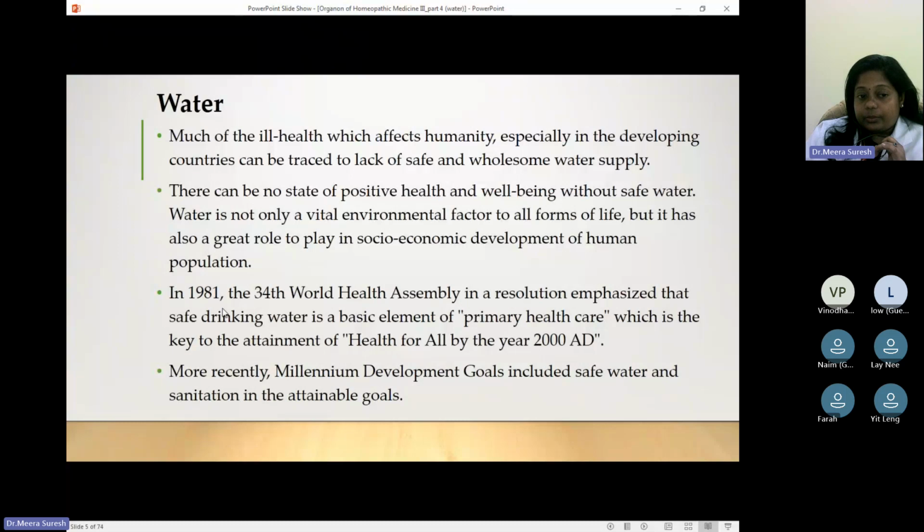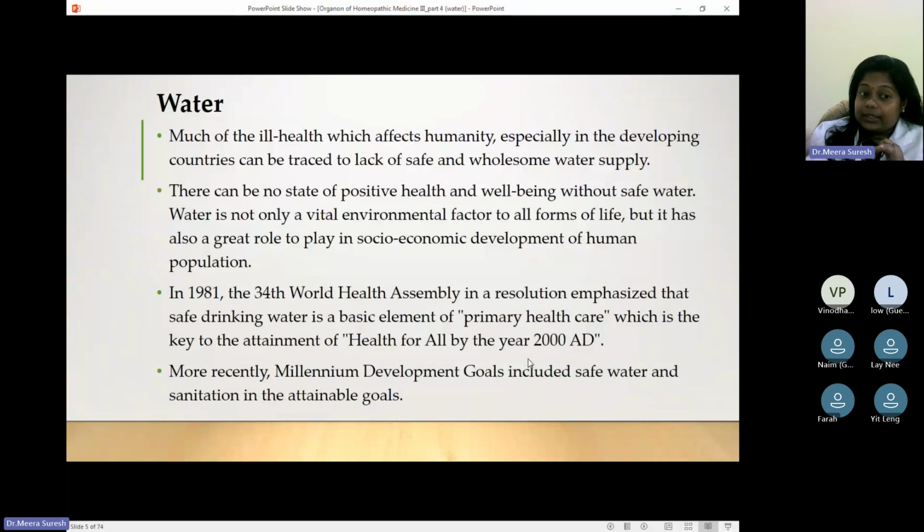This was brought about saying that health for all means all people should be able to acquire treatment, or have a minimum health that will help them sustain a socially and economically productive life. That is the concept of health for all.